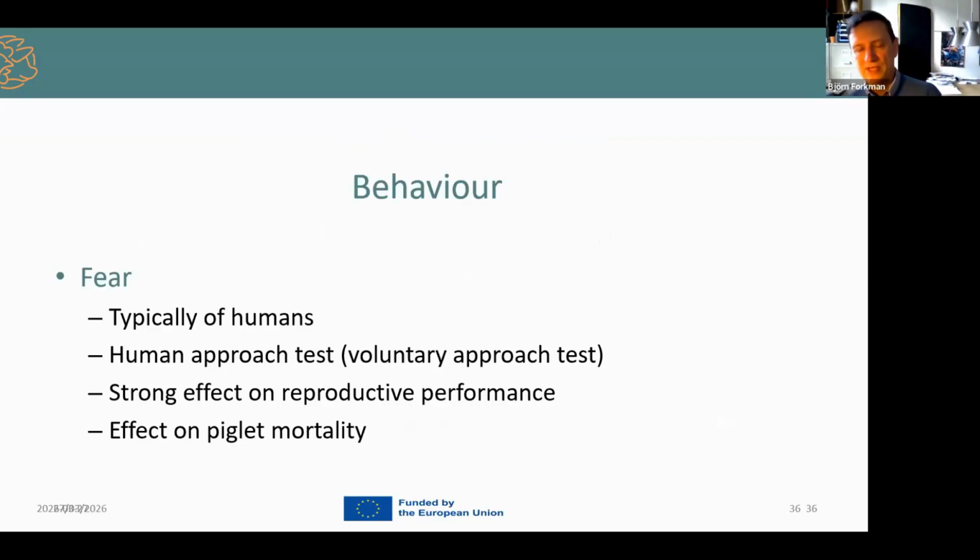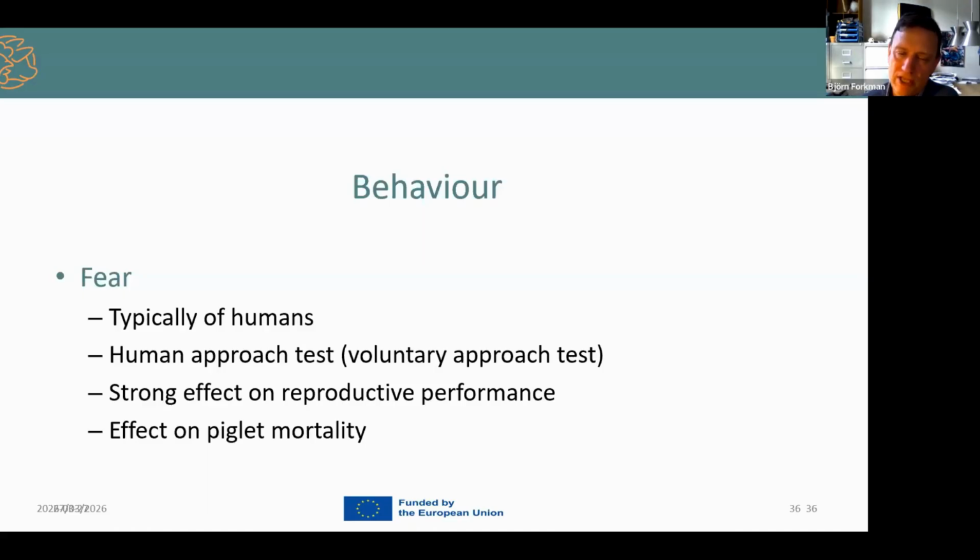Fear of humans is another one. It's very easy to do a proper test. Human approach test, you simply enter the pen and see whether the sow or the pig comes towards you and how long it takes. Level of fear of humans has a strong effect on reproductive performance of the sows, with fearful sows giving birth to fewer piglets and higher risk of crushing.